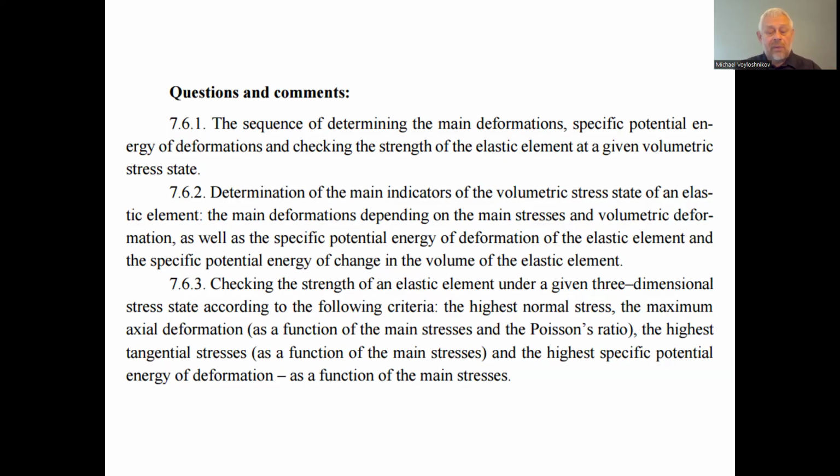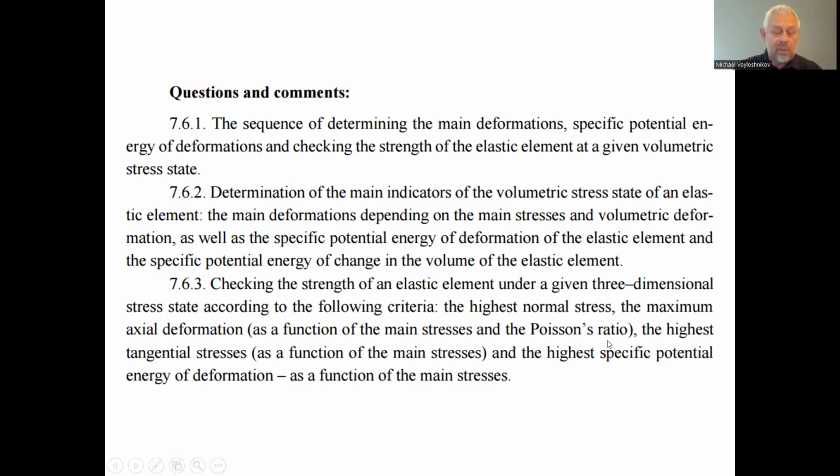Problem 763, checking the strength of an elastic element at a given three-dimensional stress state according to the following criteria. The highest normal stresses: we just have to take the maximal of the main stresses as the highest normal stress, the equivalent one, main sigma 1, and compare it to the permissible magnitude of the normal stress. Another hypothesis, maximum axial deformation, as a function of the main stresses and the Poisson's ratio.